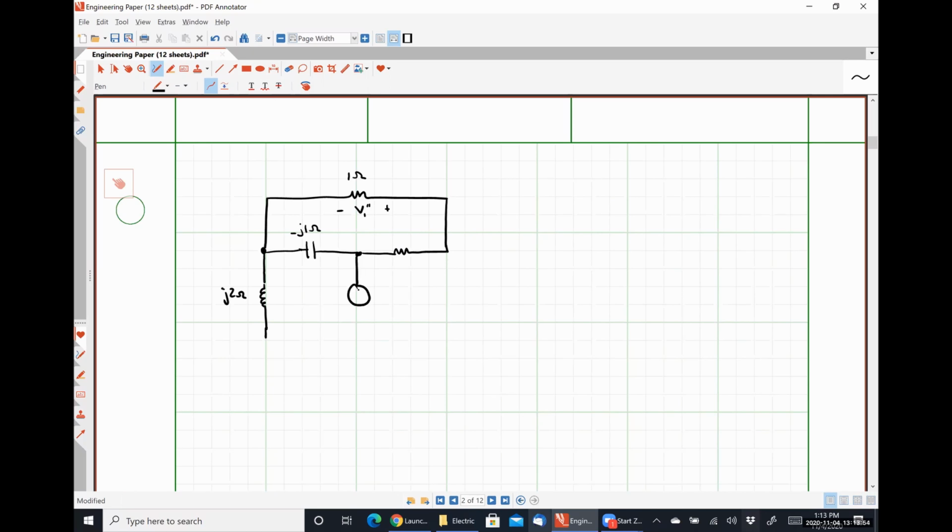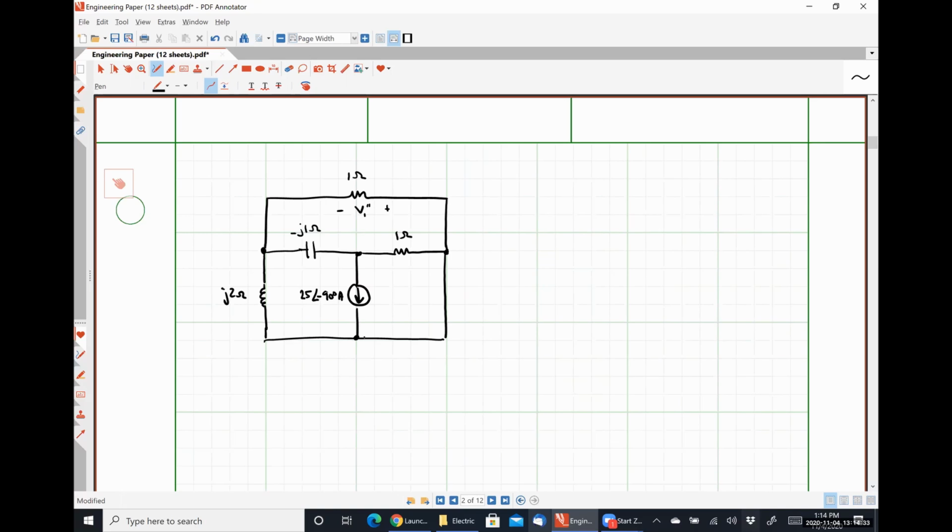So if our current source is on, it's going to be in here. And it was 25 angle minus 90 degrees, if I'm not mistaken. What's going to happen with our voltage source? Short circuit. All right, so let's see if my decision to do this problem is going to bite me in the butt. It looks like the answer is yes.